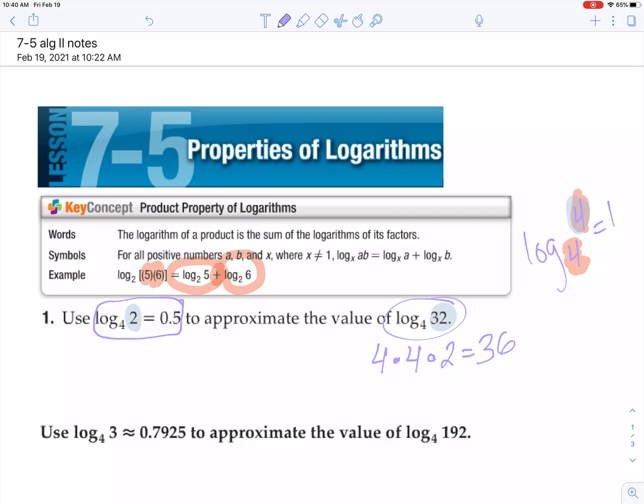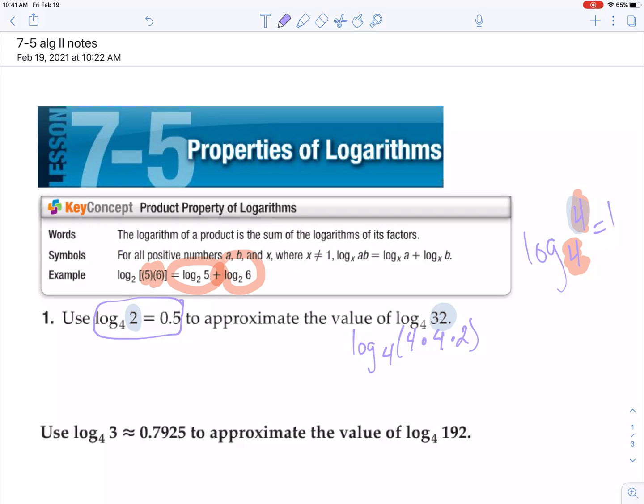So what I'm going to write now, I'm going to erase that stuff. I'm going to rewrite this as log base 4 of 4 times 4 times 2. That's a really inconvenient way of writing the number 32, but it does technically equal the same thing. What it allows me to do is recognize that this rule up here will let me separate those.